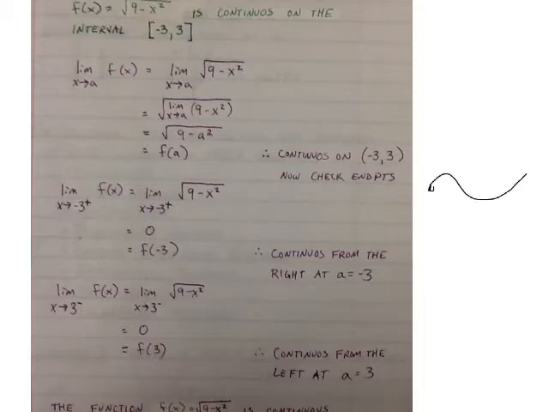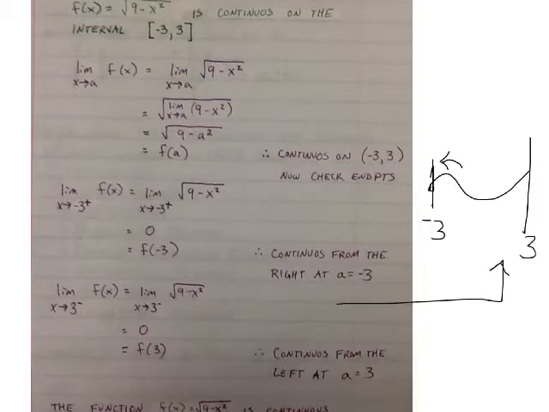So here we have our curve, and here is -3. We proved it from the right-hand side, and now for this part, we're proving at 3 from the left-hand side that it's continuous. So we take the limit as x approaches 3 from the left-hand side, and we get a value of 0, and that is the exact same as the value of f of 3.